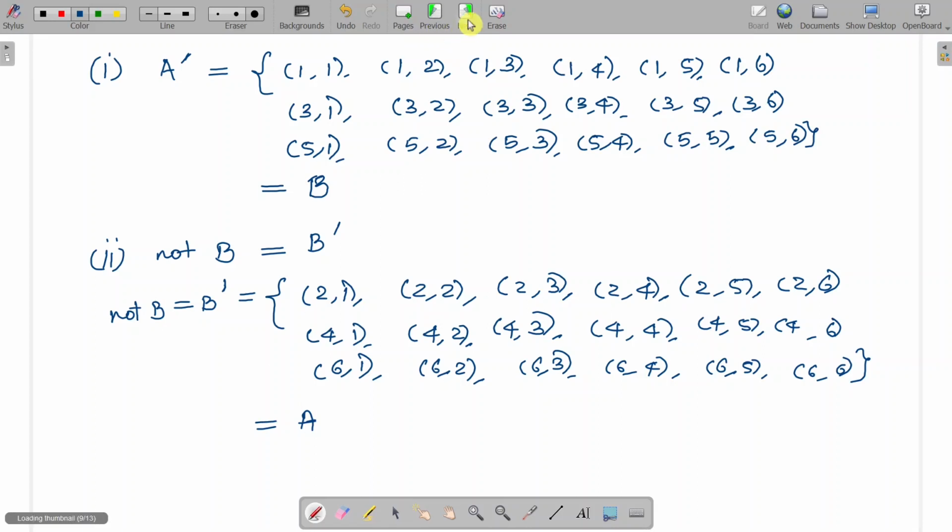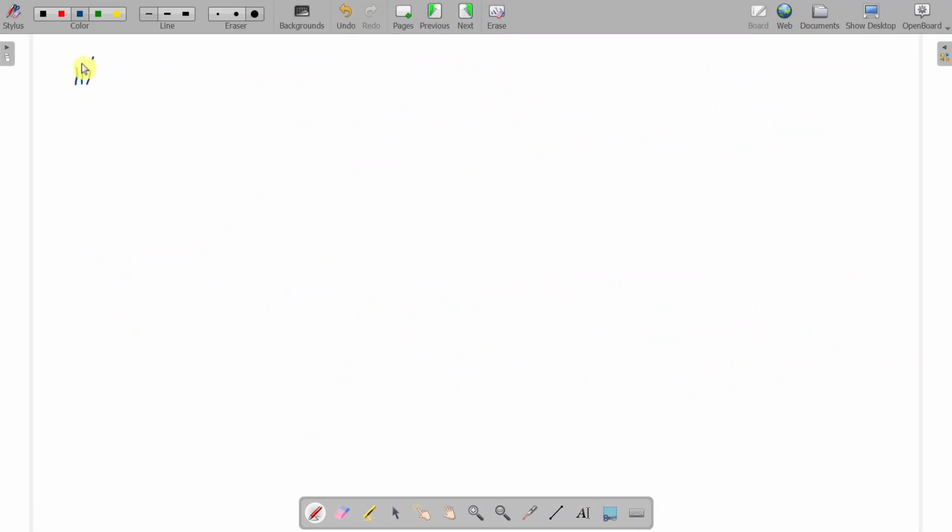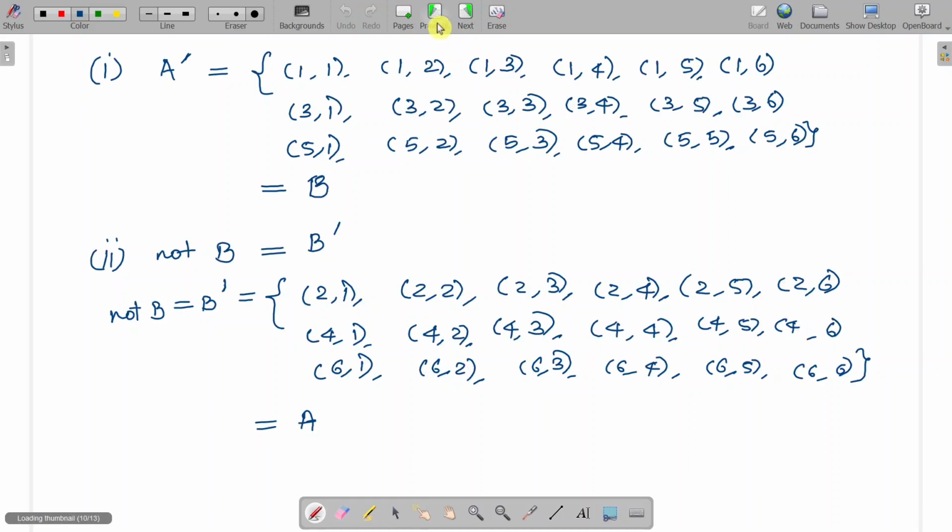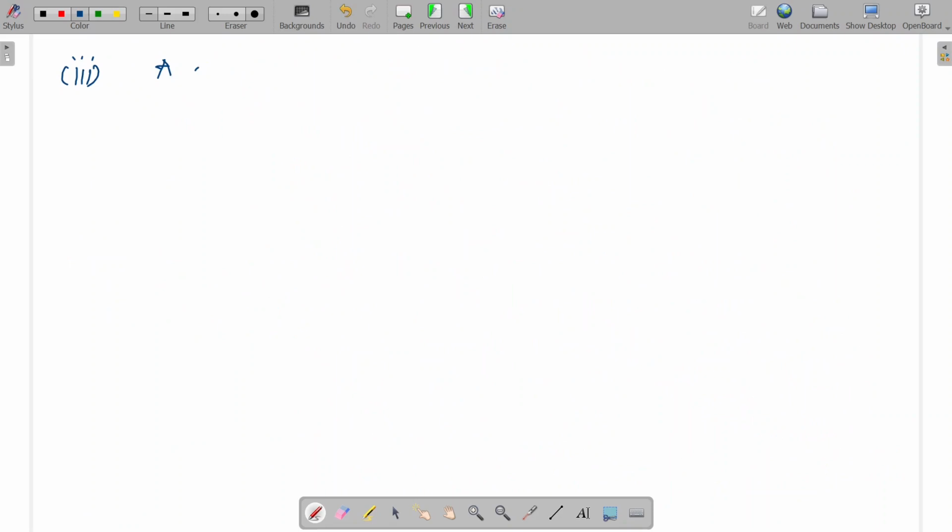Now, let us look at the third. So, third is A or B, okay, A or B. So, in the set notation, what do you mean by A or B? It is A union B, correct.